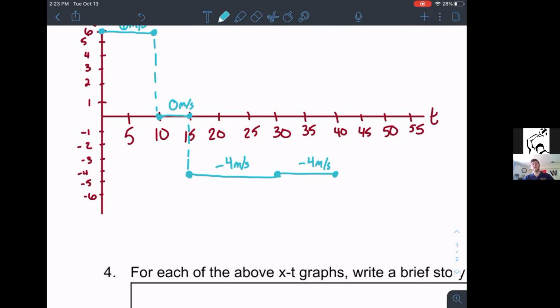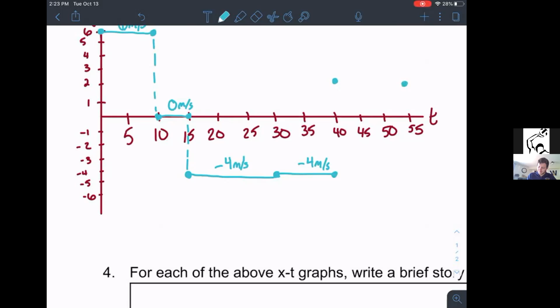And then at 40 seconds, we changed and we went back towards that house or towards that origin. So now we are going to be moving with a velocity of 2.67 meters per second. So we're going to go back up to here as a positive 2.67 meters per second for the last 15 seconds.